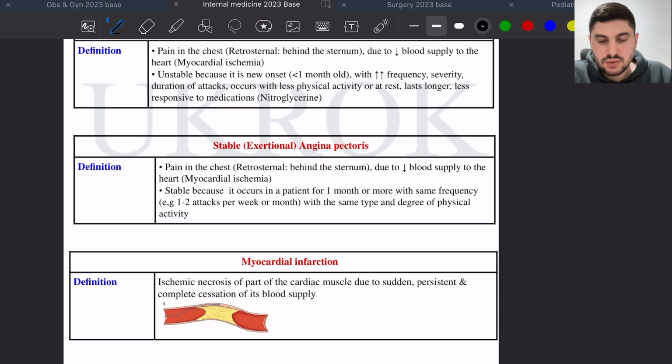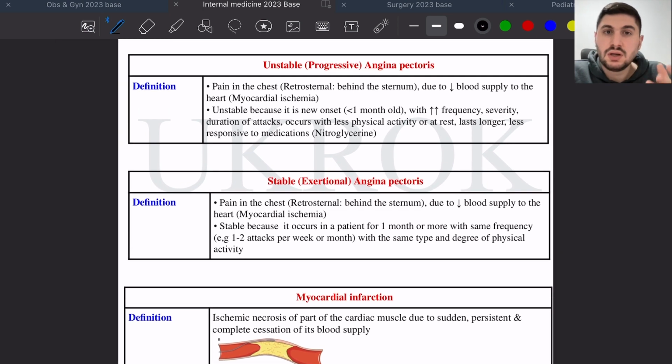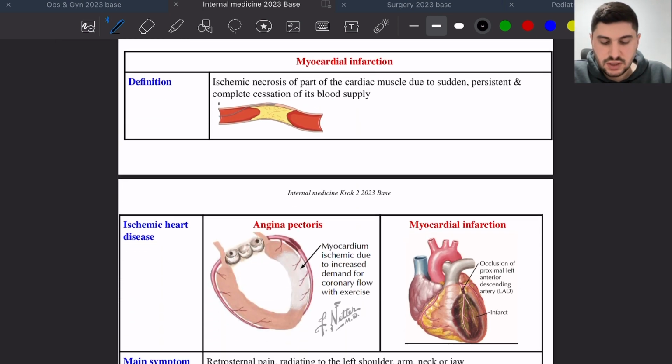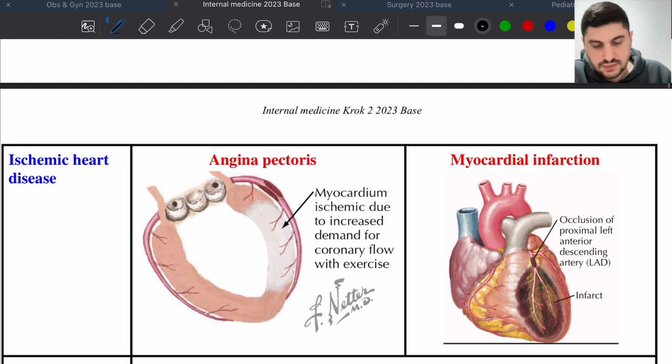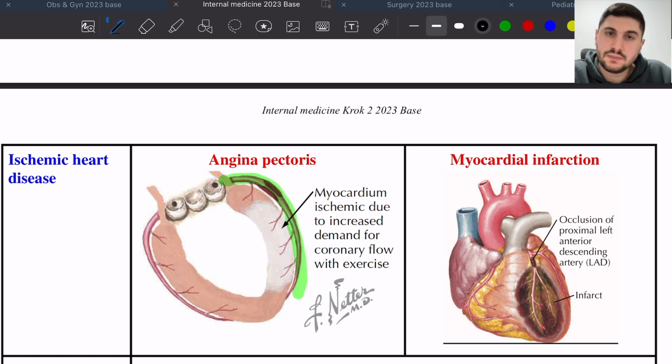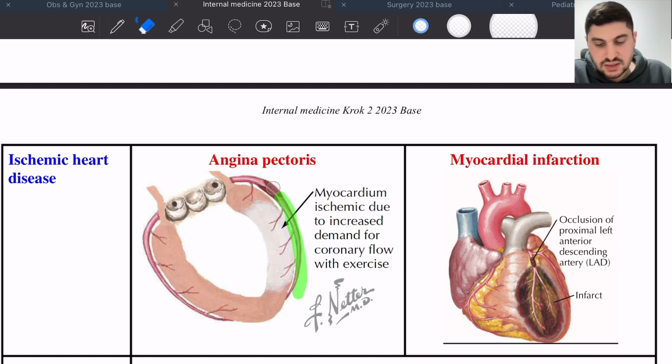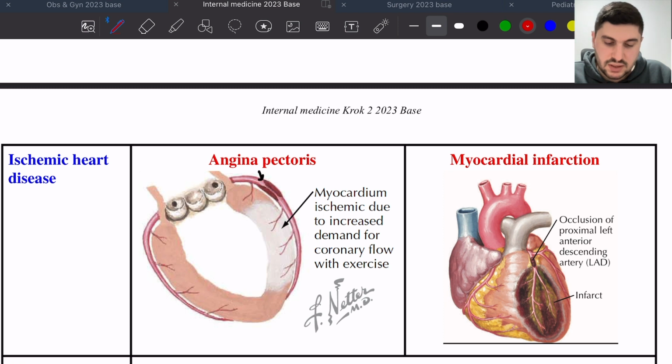First of all, angina pectoris and myocardial infarction are all diseases because of the coronary artery. This artery here that supplies the heart with blood, it's a problem here that's causing the disease. The difference is that in angina pectoris we have partial obstruction, as you can see here. Some amount of blood can pass through and supply the heart, but it's much less than the normal open artery, as this one on the left.